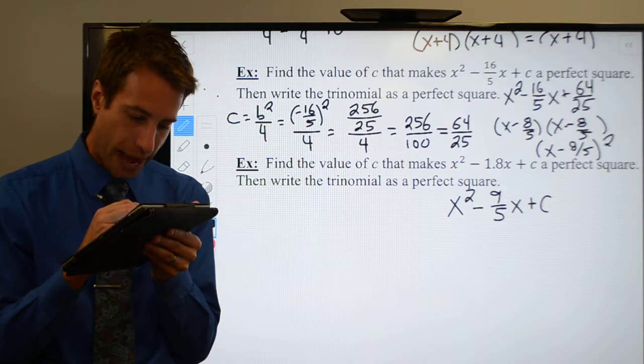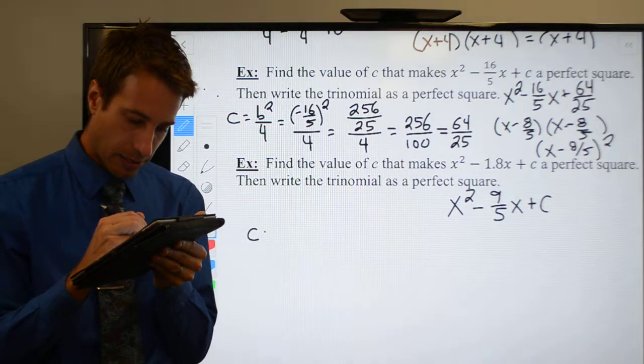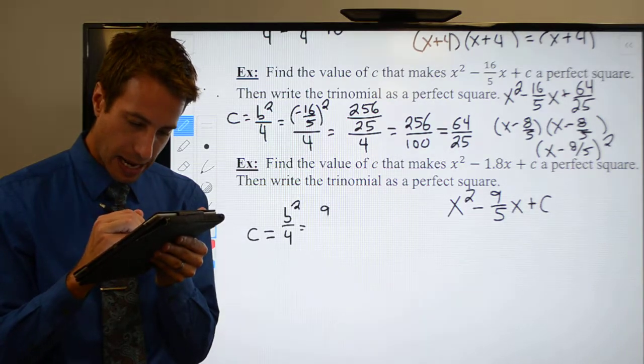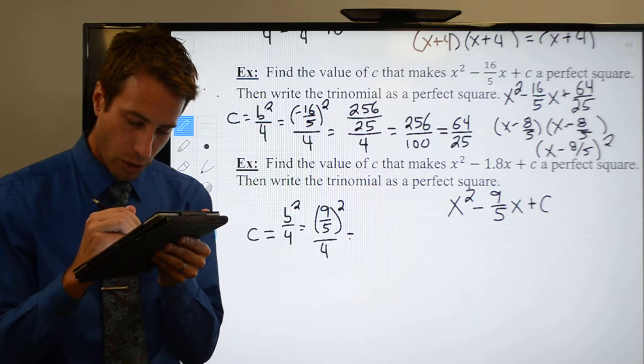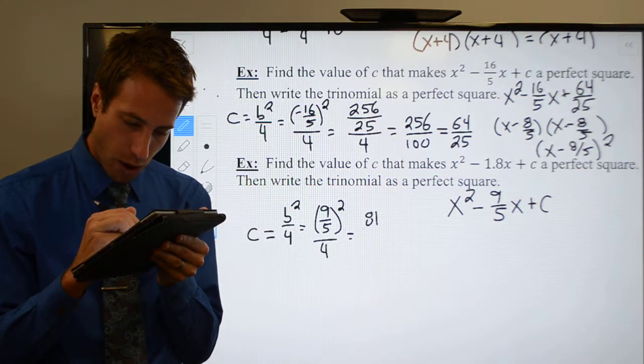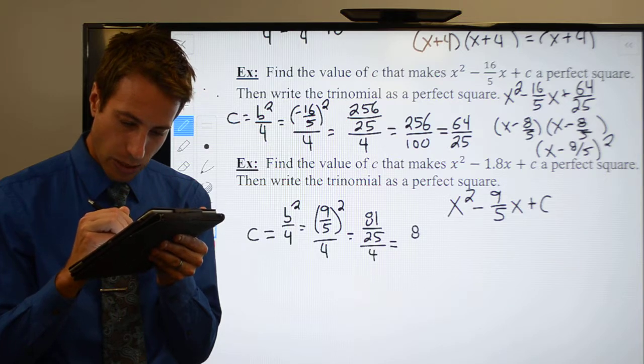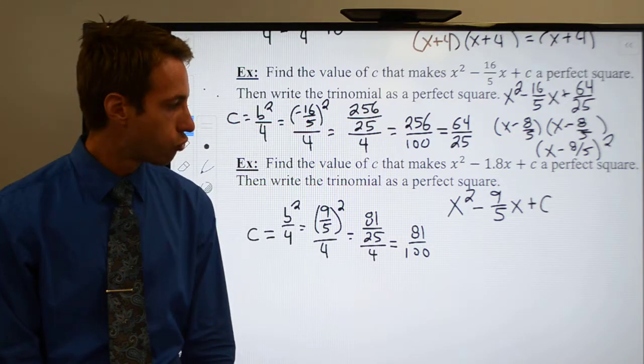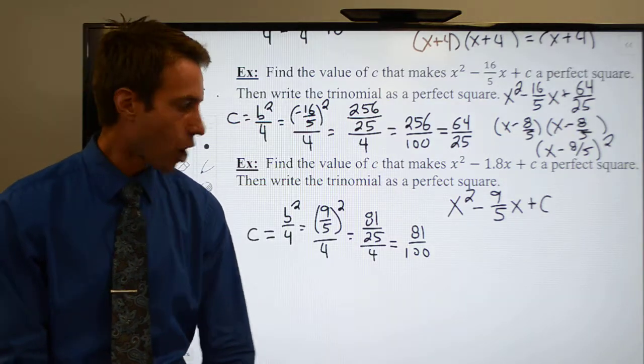So let's go ahead and do that. C is going to be equal to b squared over 4, which is going to be 9/5 squared over 4, which is going to be 81/25 over 4, which is going to be 81 over 100, which doesn't reduce. All right, cool.